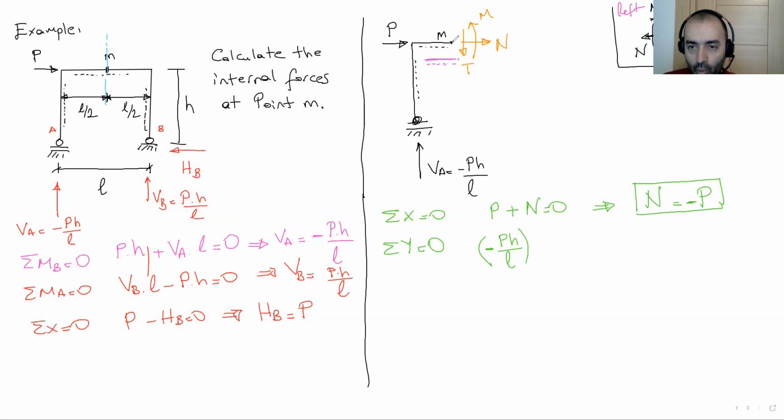Yes, at the point M, we have T that goes down in the negative direction, minus T equals 0. If we take this T to the other side of the equation, T equals minus P times H over L. This is the second internal force of point M.